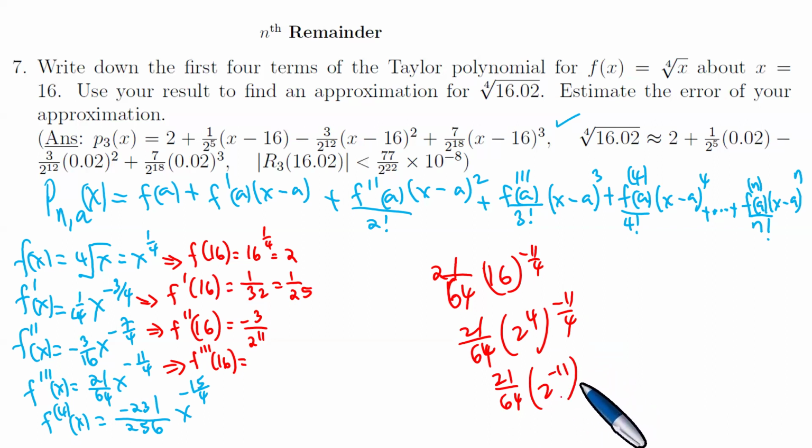So 2 to the 5 is 32, then 2 to the 6 is 64. 2 to the 6 and then 2 to the 11. And then there is 2 to the 17.